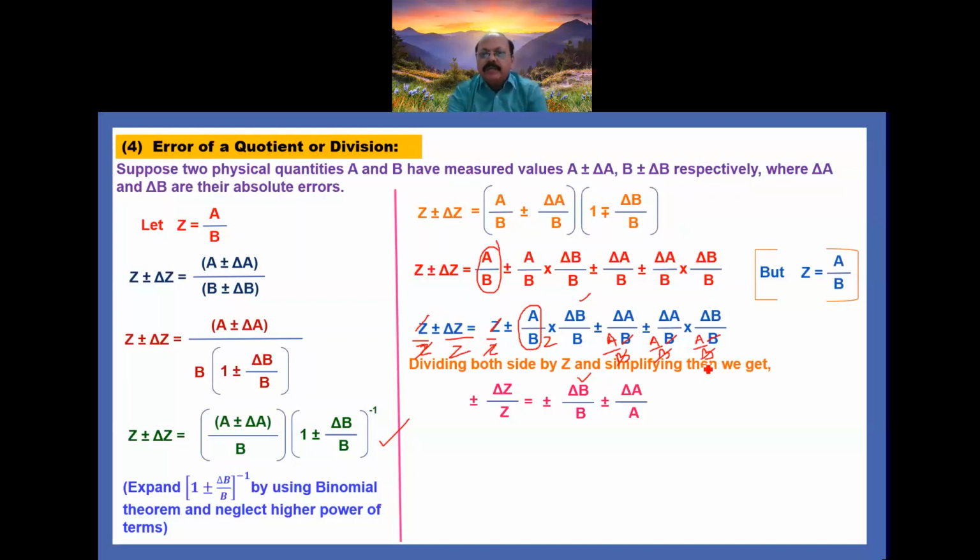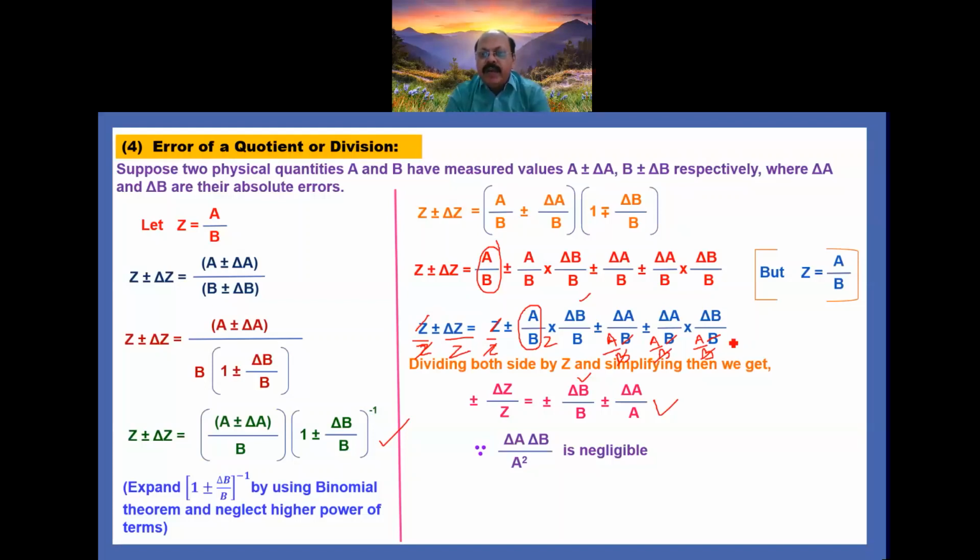So here you will get delta a upon a, and this factor, delta a delta b upon a b, is very small, so we neglect it. So finally what you will get? Plus minus delta z upon z equals plus minus delta b upon b plus minus delta a upon a.